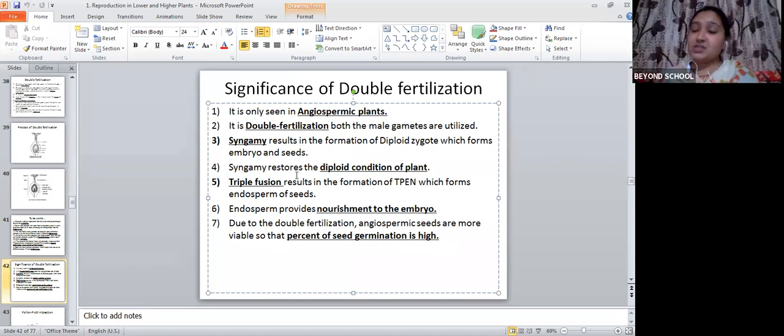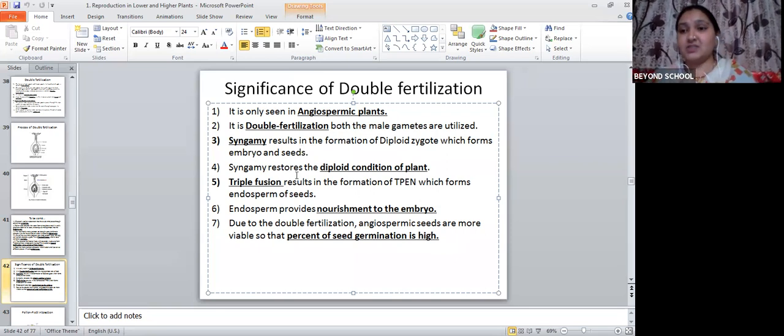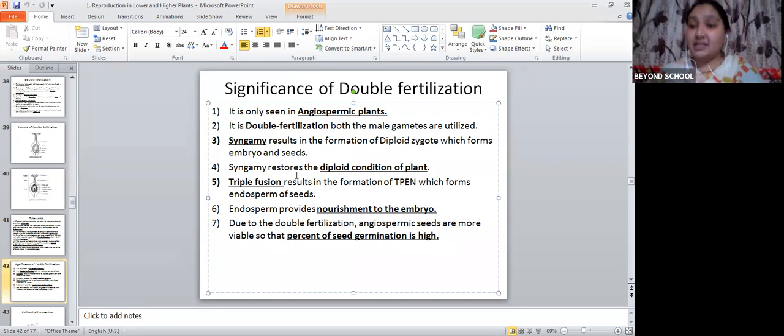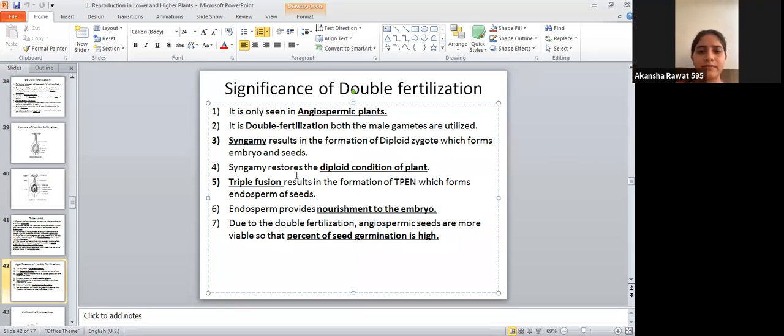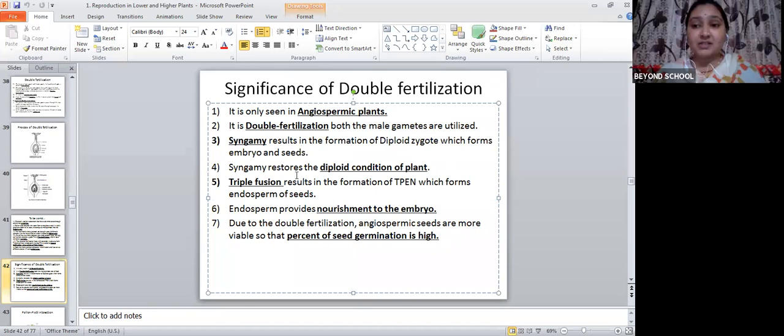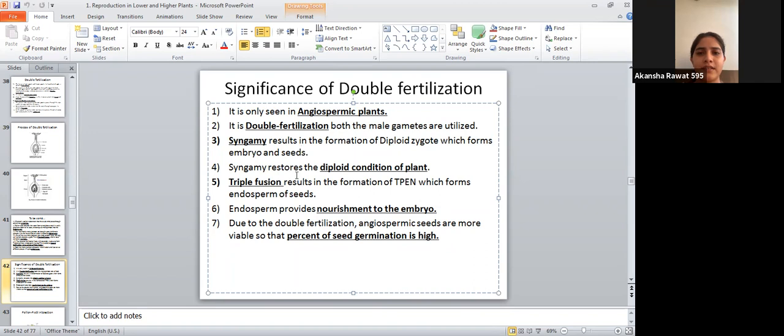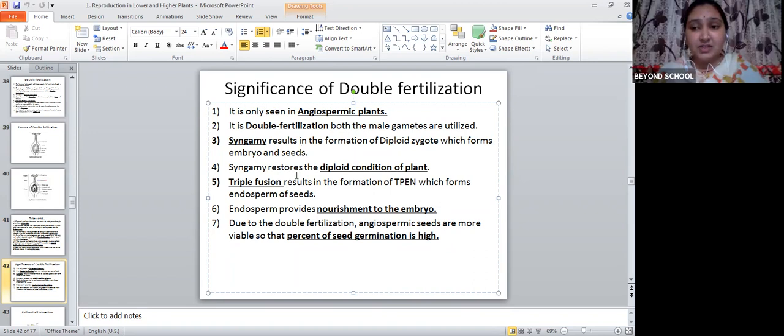Due to this, the double fertilization activity has been carried out, and it has been seen that double fertilization is very necessary in plants. The first point of double fertilization is, it is only seen in which plants, Akansha? Angiospermic. In double fertilization, how many male gametes are utilized?